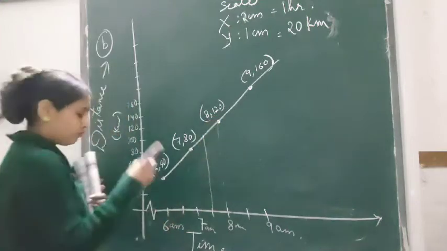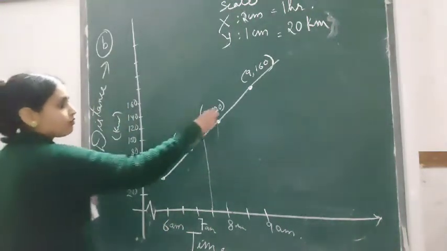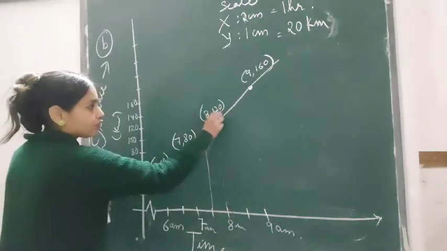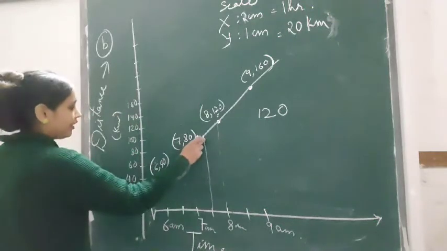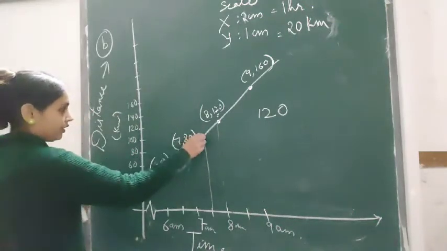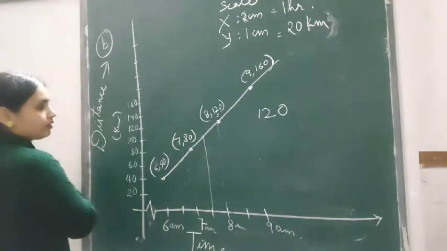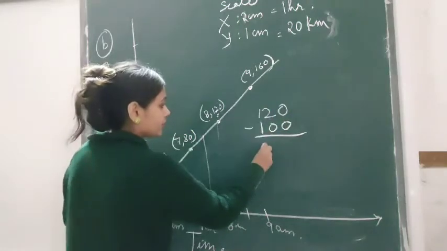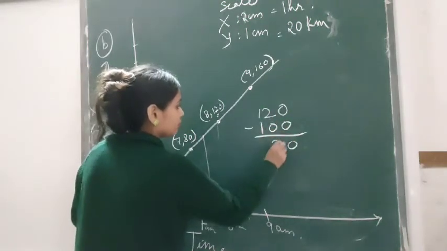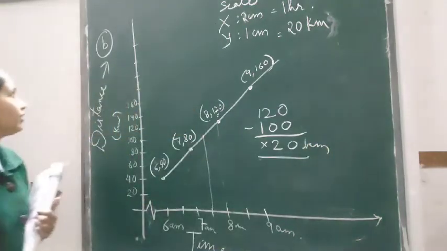The y coordinate is representing the distance. So, the y coordinate at 8 am is 120. Let's check the y coordinate at 7:30 am. It is 100. So 120 minus 100 gives us 20 kilometers.